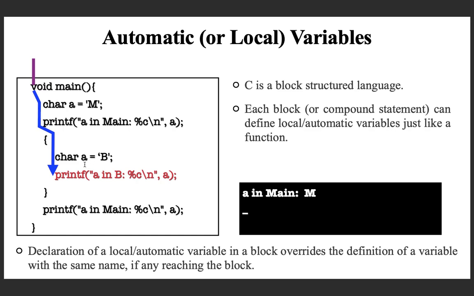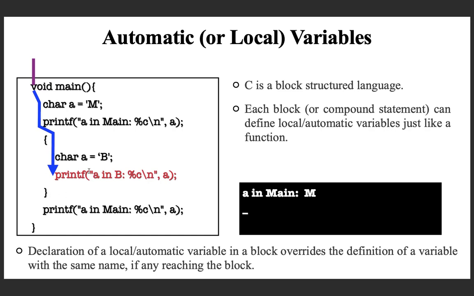But here you are defining another variable with the same name, and that is why we said it is overriding this definition. So within this block only this a is accessible, because the same name could be of a different data type, that doesn't matter.